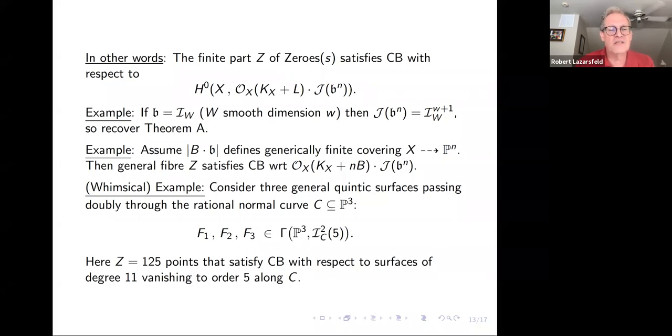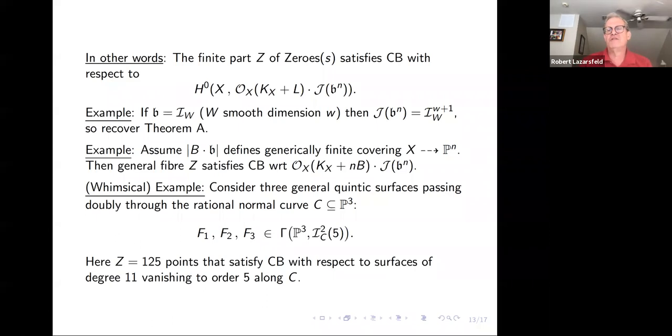Another example, this is how we got into this question, although I have to confess at the moment, this has to be a useful statement, but I haven't found out how to use it yet. There's been interest recently in understanding the geometry of loci. I mean, what can you say if you write a variety as a generically finite rational covering of P^n, what can you say about the degree of that?